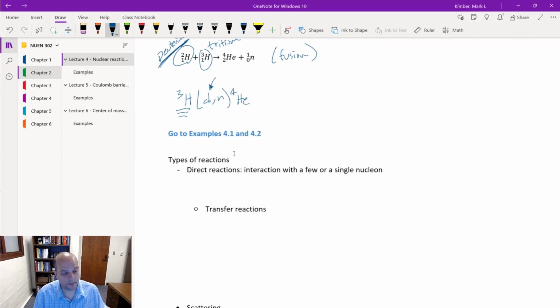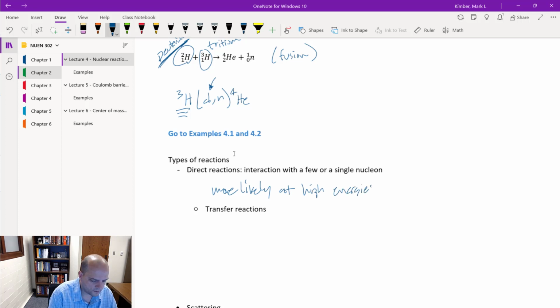So let's talk about different types of reactions. We've got direct reactions. Those are interactions where just a few nucleons, or maybe even just a single nucleon, are affected. This is going to be more likely at high energies, so greater than or equal to about 50 MeV.